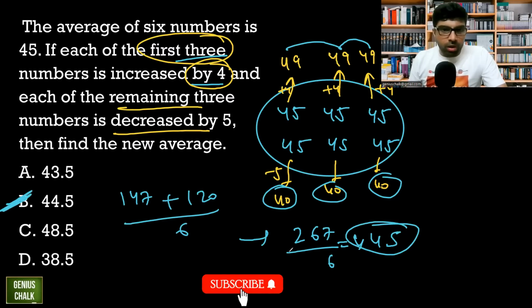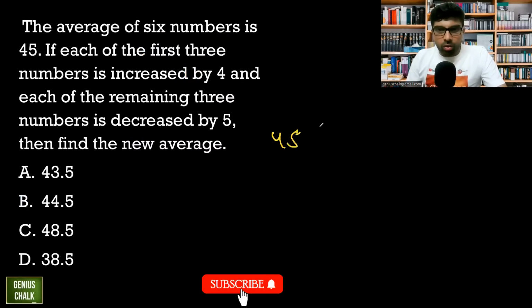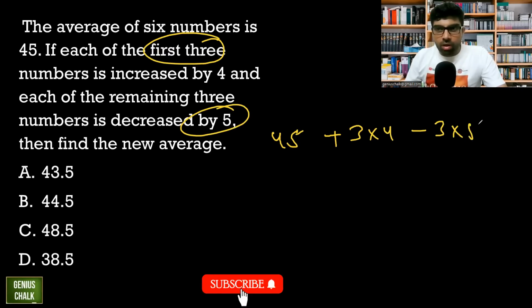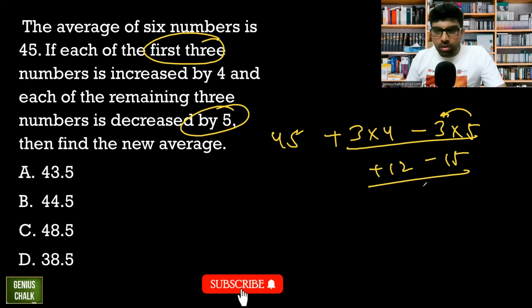But in the exam, you will solve like this. What was the old average? 45. What is the change? The first 3 numbers are increased by 4, and the remaining 3 numbers are decreased by 5. So 3 numbers decreased by 5, total decrease is 15. I hope this is clear. And this is 12. And now this is distributed among how many numbers? 6 numbers.